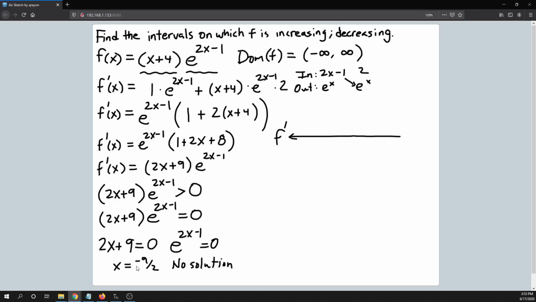So here is my number line representing the domain of the derivative.